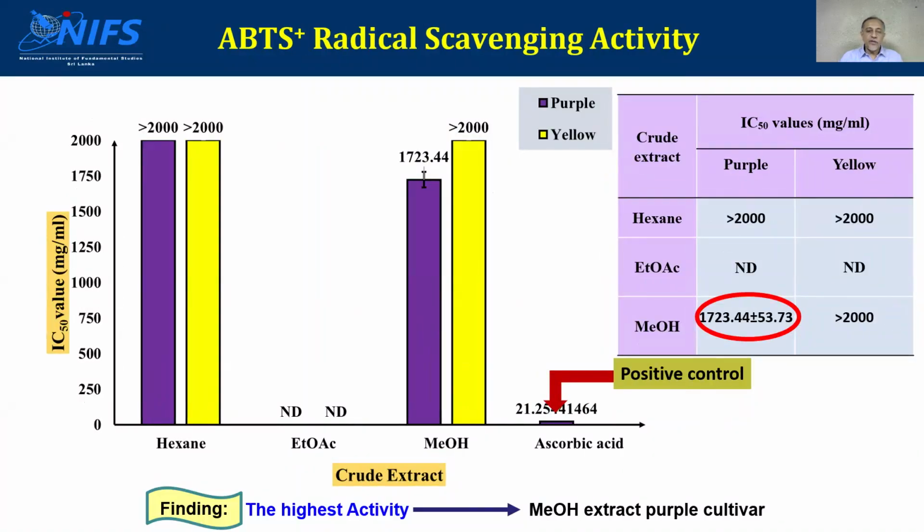Then we investigated the ABTS radical scavenging activity of the three extracts: hexane, ethyl acetate, and methanol. The highest ABTS activity was detected in the methanol extract of the purple cultivar.